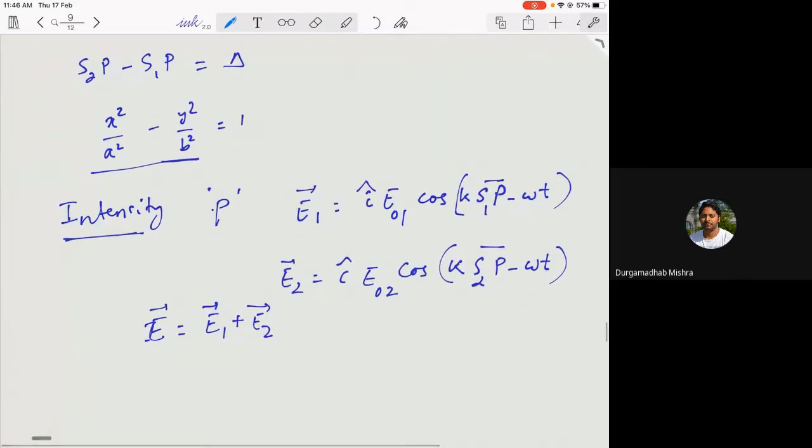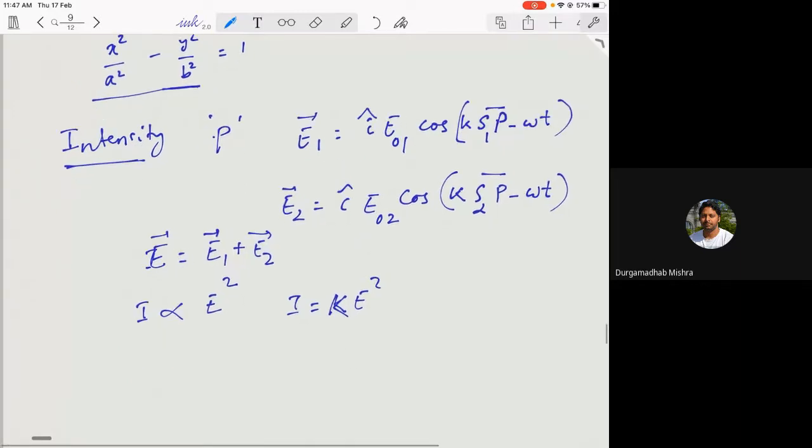And your intensity will be proportional to E square, that is the modulus of the net or total electric field at any point. That is the intensity. Or I normally write it as K E square, where K is some proportionality constant.